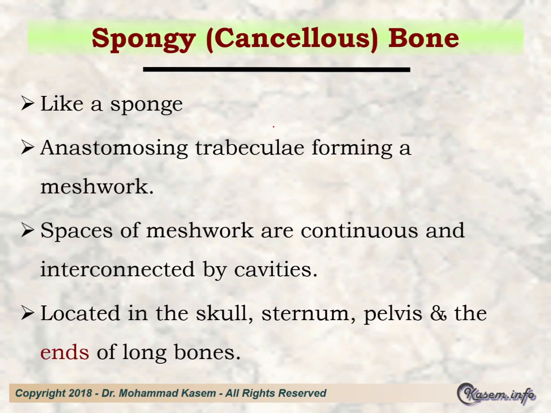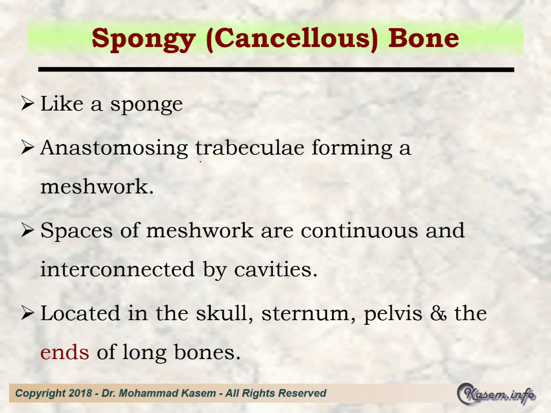The other type of bone is the spongy or cancellous bone. As I said, they are not soft like a sponge, but they contain multiple irregular spaces like a sponge, but they are hard, of course.